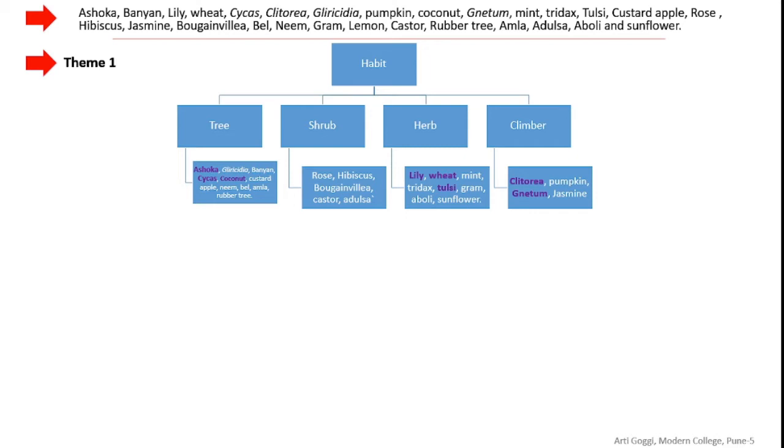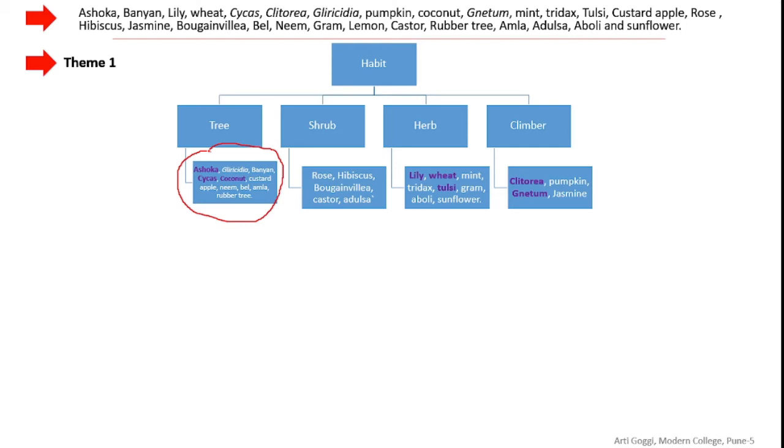If we concentrate only on trees, see the assemblage of plants which are brought under tree. I have included Ashoka, coconut, cycas, Gliricidia and other trees. This is a very weird assemblage which cannot be easily accepted.